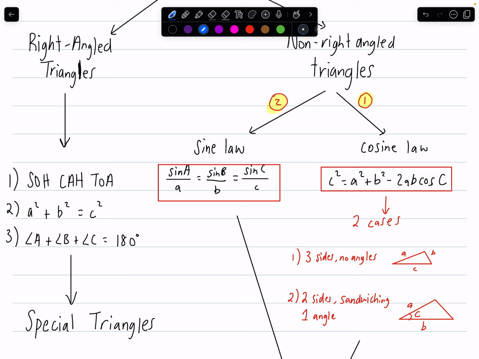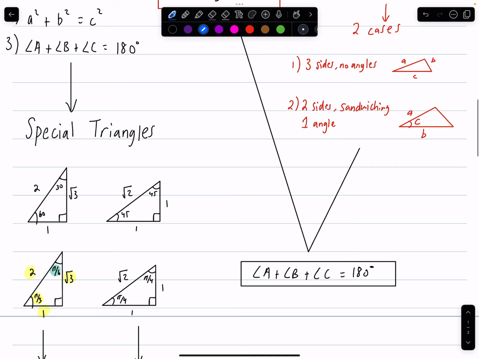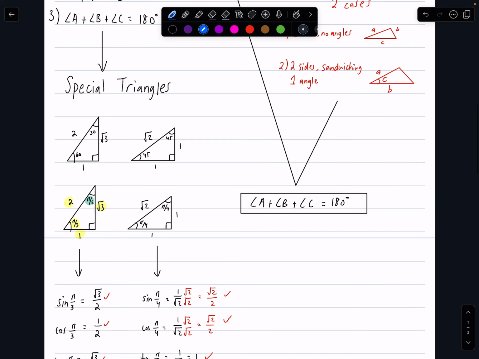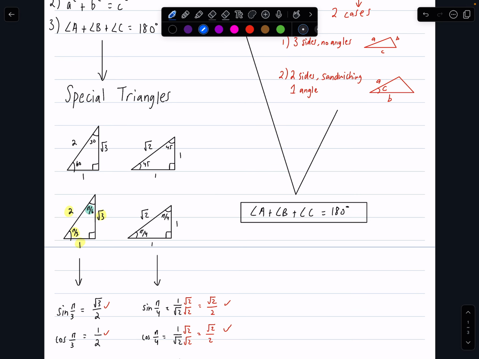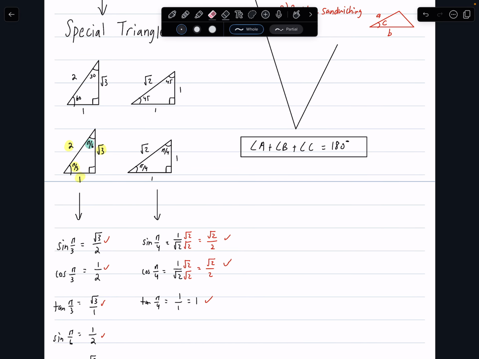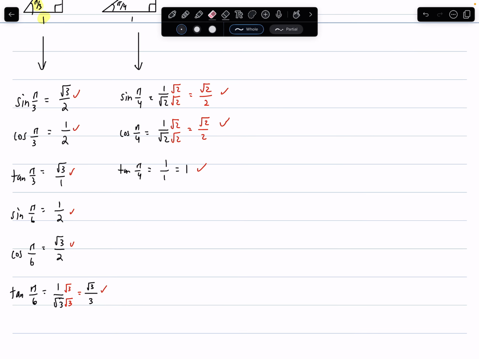If it is one of those cases, we use cosine law right off the bat. If it isn't, we then transition to sine law. Also, in non-right angle triangles, we have the interior angle law that applies as well: angle A plus angle B plus angle C is equal to 180 degrees. The only difference is that when it comes to special triangles, we use them for the right angle triangle side, and that's where we have our primary trig ratios.